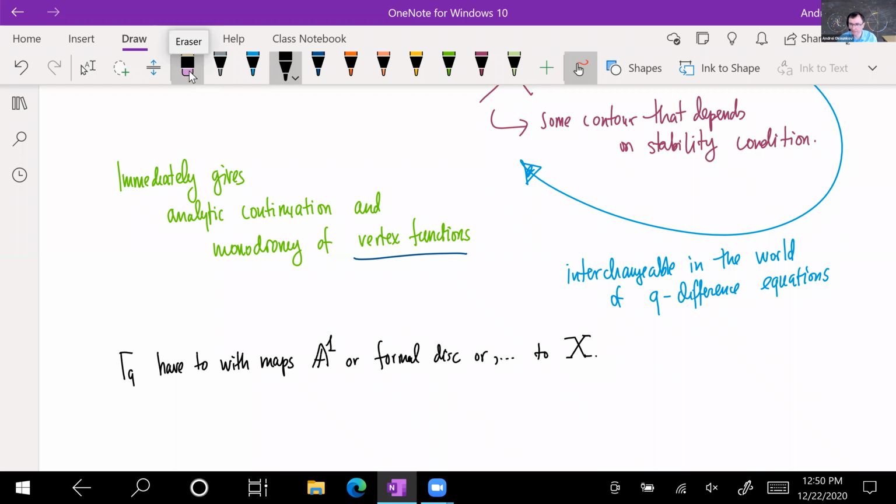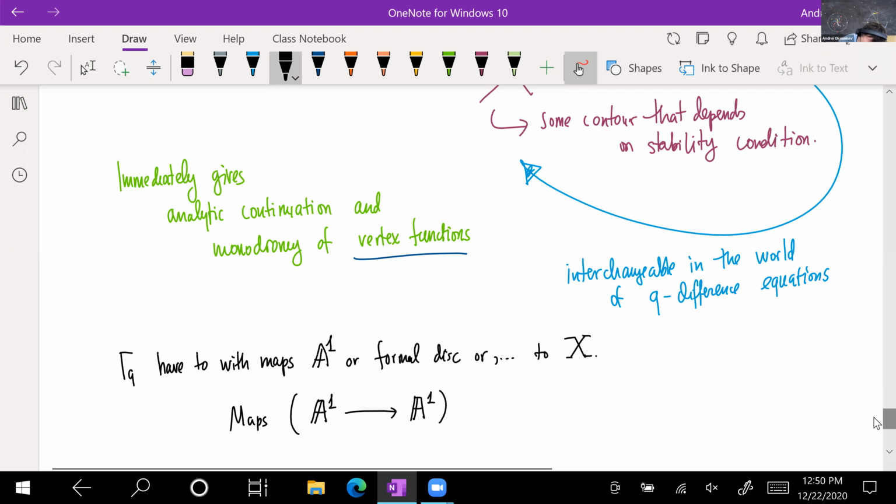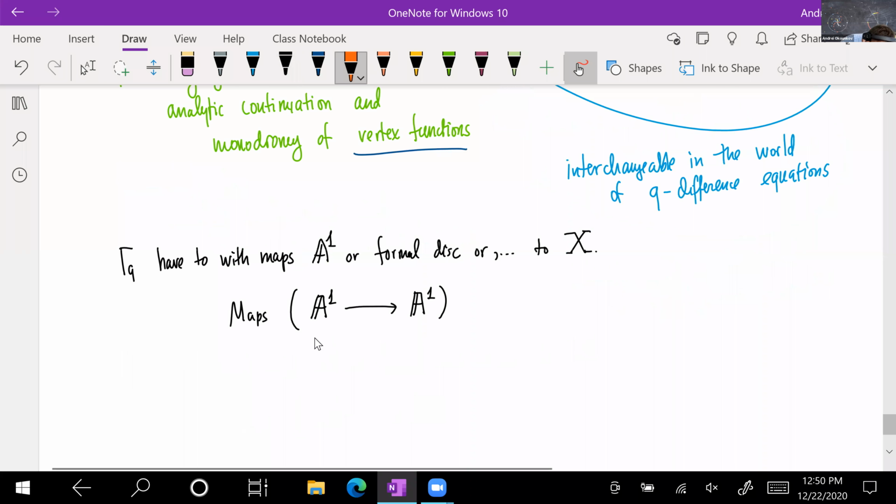Does that make sense? So suppose I have some A1, you can take it formally or informally, and suppose I look at maps from A1 to A1, and let this A1 have an action of Q, and then this has some action of W, right?